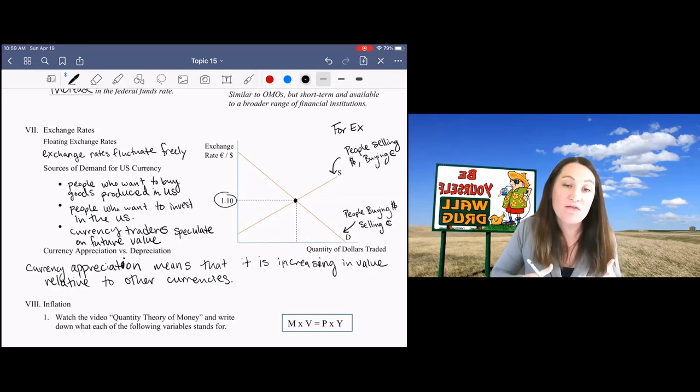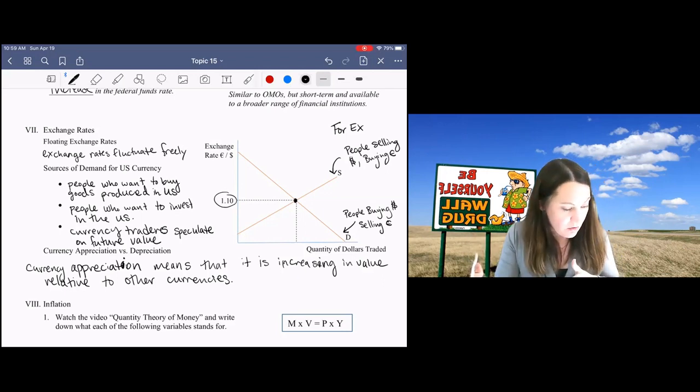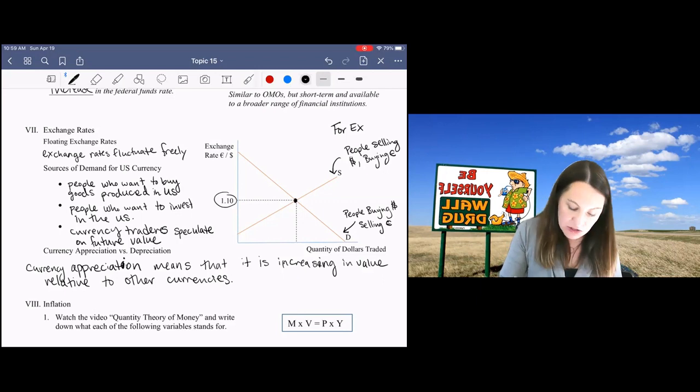So that it would take fewer dollars to buy every euro, or more euros to buy each dollar.